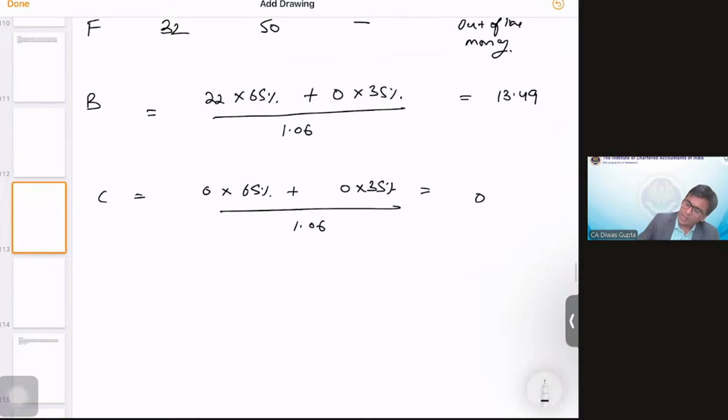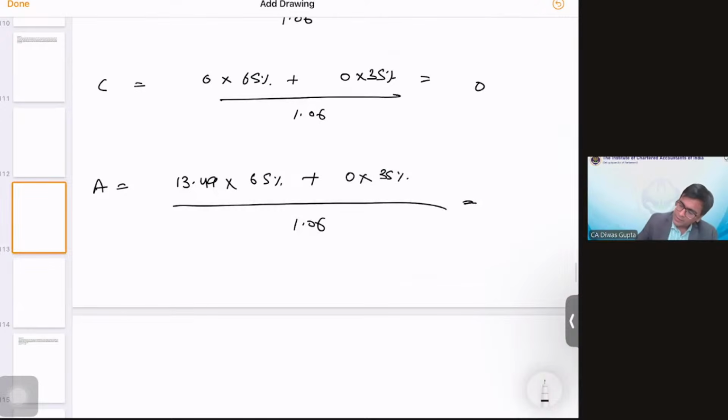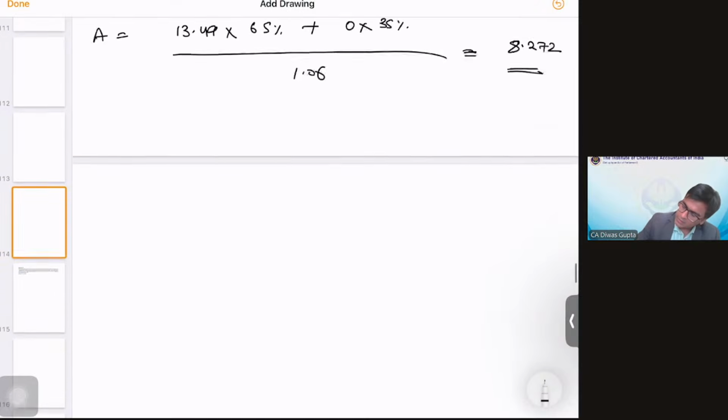Now finally comes the A node. So we are going step by step backwards. So A node: 13.49 is coming from B node, with a probability of 65%, plus 0 into 35%, divided by 1.06. This 0 is from C. So this becomes 8.272, students.